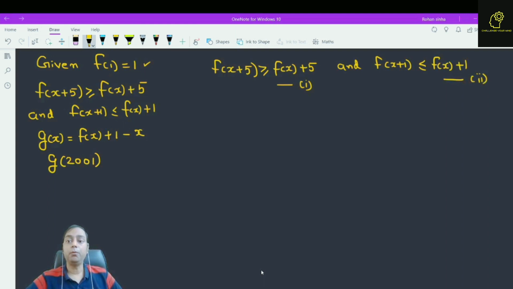Now from equation 2, what can we conclude? We can say f(x) is greater than or equal to f(x+1) - 1.